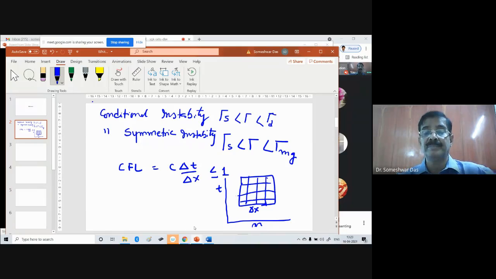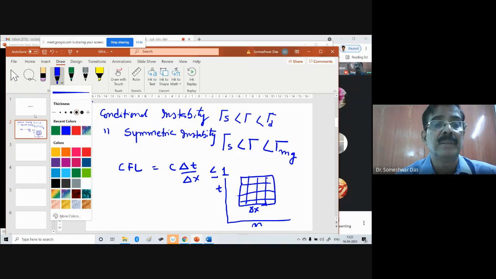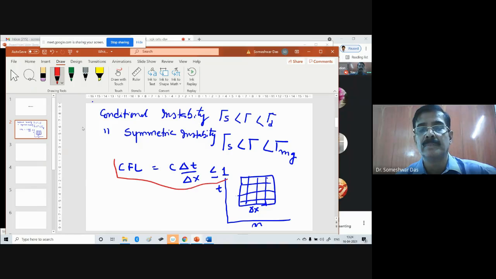So you've got delta t as the time step of integration, and as you can see from the C delta t by delta x condition, you cannot have a longer time step, which depends on the delta x.